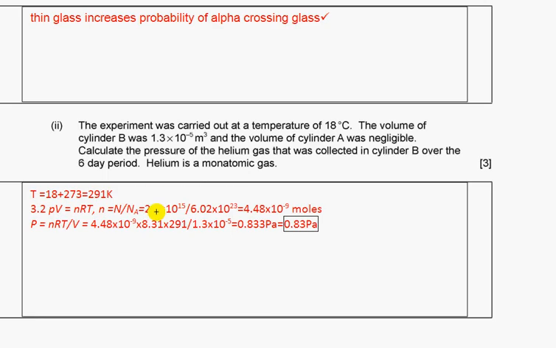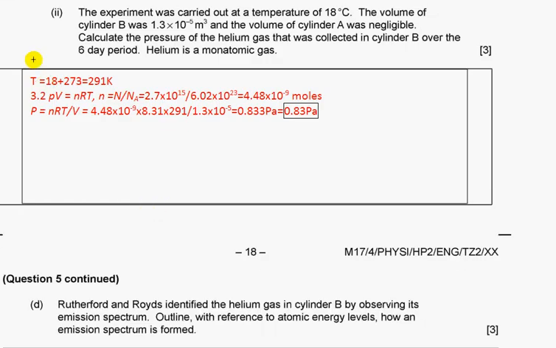very low penetrating. The experiment was carried out at a temperature. The volume of the cylinder was so much. Calculate the pressure of the helium gas. Helium is a monoatomic gas. Over the 6-day period we know how many atoms were produced, so we can find how many moles are produced.